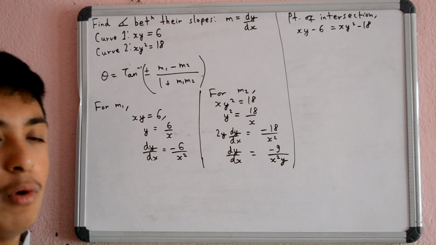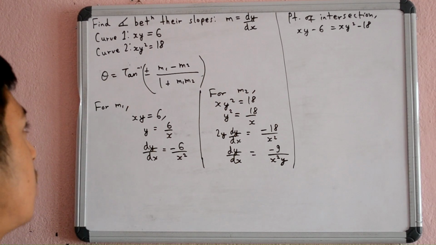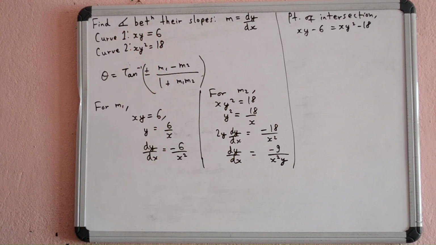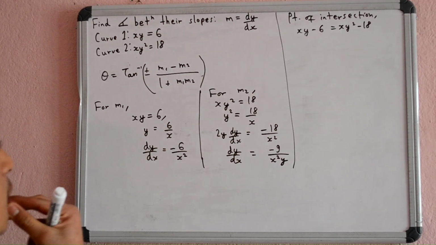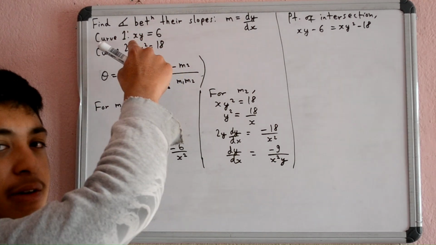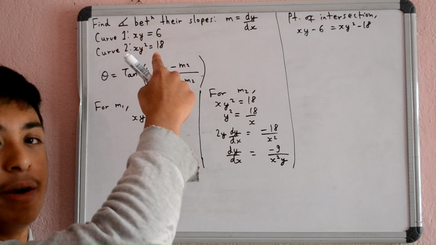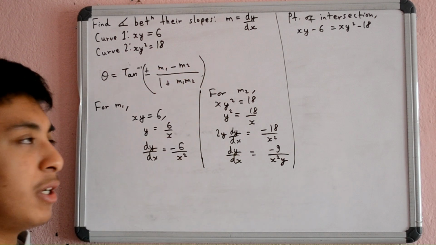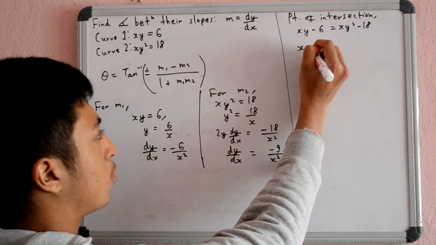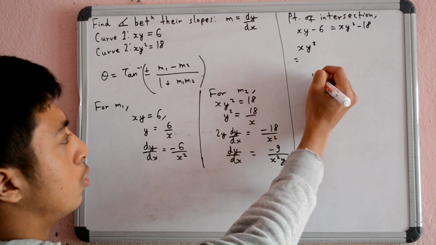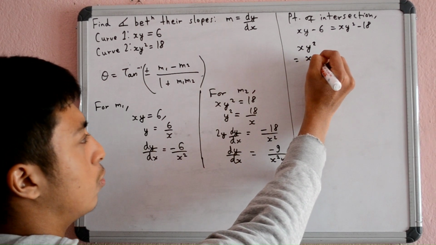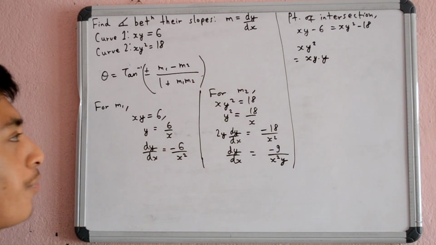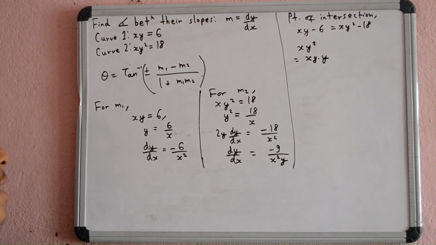What you can do is notice that we have xy and we have xy squared. And xy squared is just xy into y.